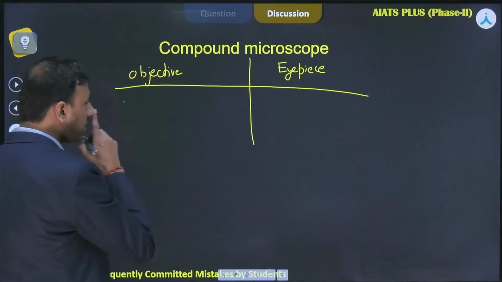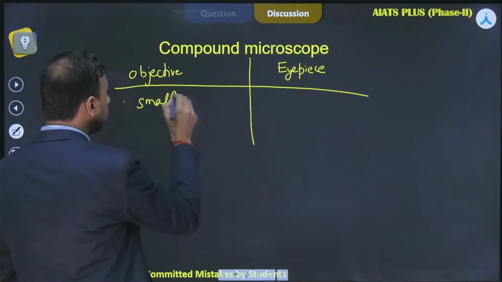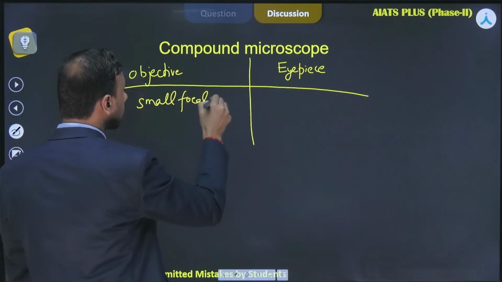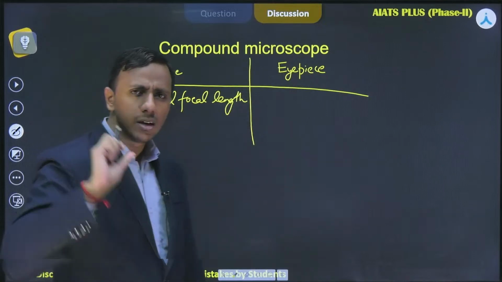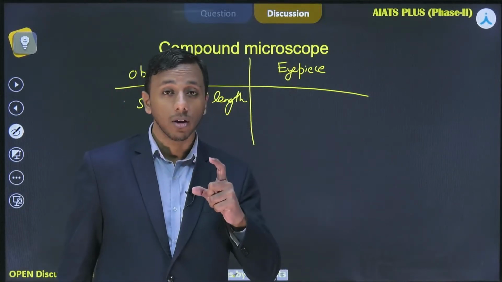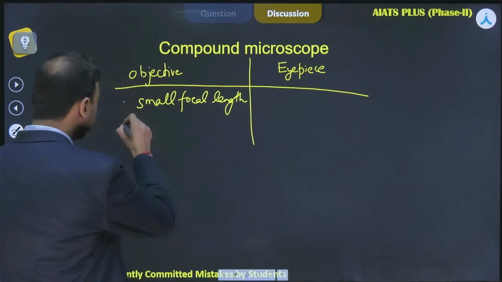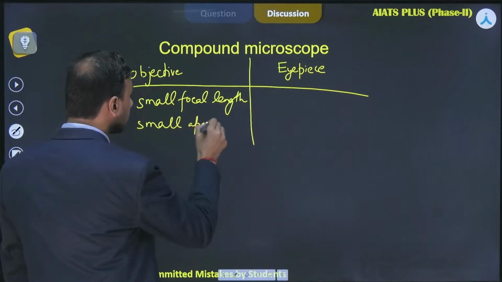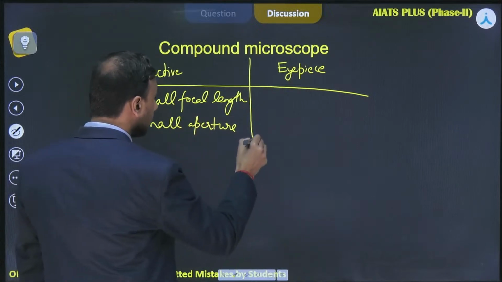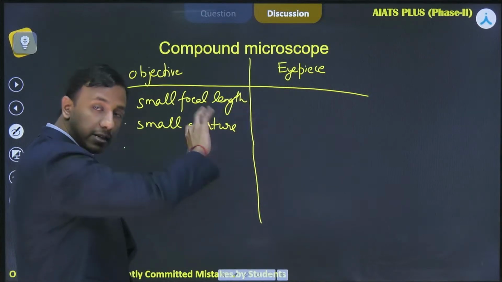This convex lens, the objective lens, will have a small focal length. And obviously if the focal length is small, the lens is also small, so it has a small aperture, whereas for the eyepiece it is the reverse.